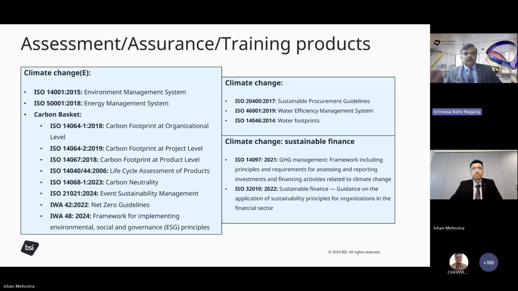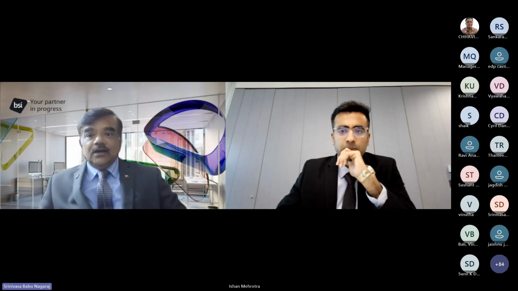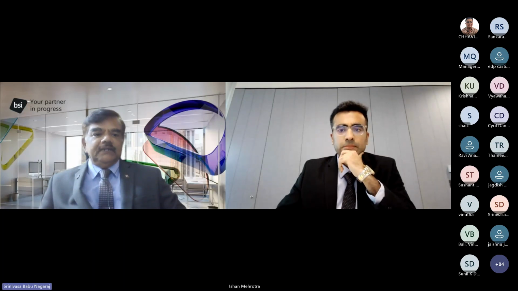There is also ISO 14067 and ISO 14040 or 14044, which also focus more on product carbon footprinting and life cycle assessments. And of course, ISO 14001 is also there, which provides a broader framework for managing environmental impacts, including carbon emissions. But again, these are not specific to carbon management.